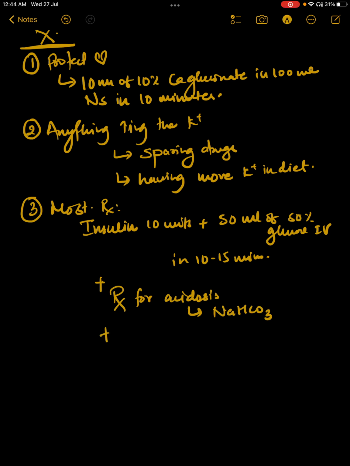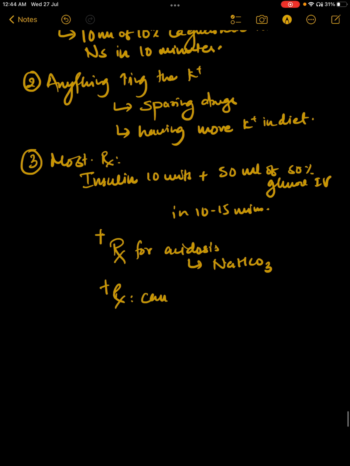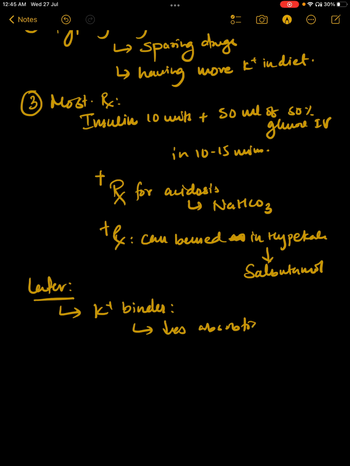Similarly, we know salbutamol causes hypokalemia, so it can be used in hyperkalemia. That is salbutamol. After you correct the acute condition, we can give potassium binders, which decrease the absorption from the gut.